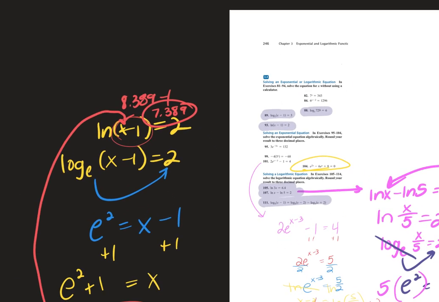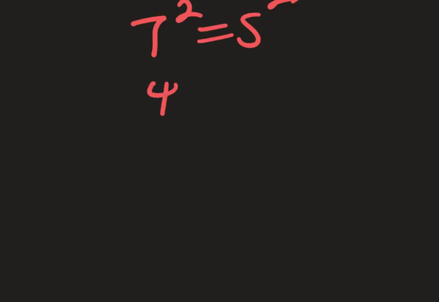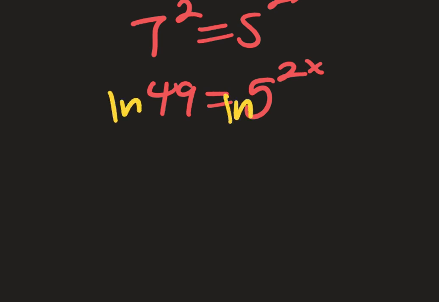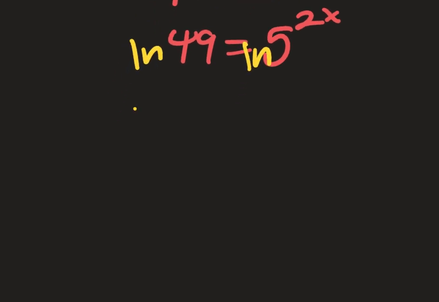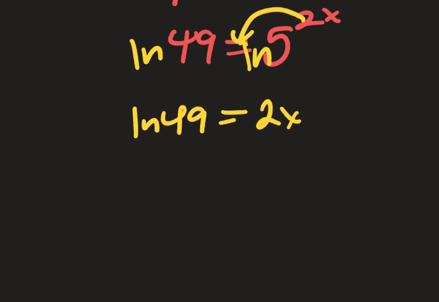Right, so 7 squared is 49. 5 to the 2x. There's no way to make these have the same base, so we ln both sides. ln of 49 equals ln of 5 to the 2x. ln of 49 would equal the 2x bumps to the front, 2x times ln of 5. And then you could divide in parts if you want, or you could literally divide by everything but the x at the same time.